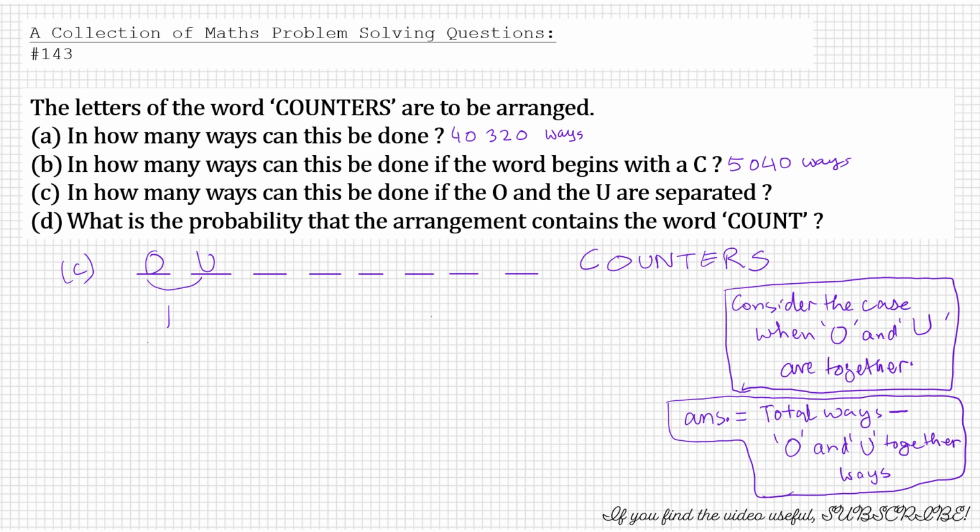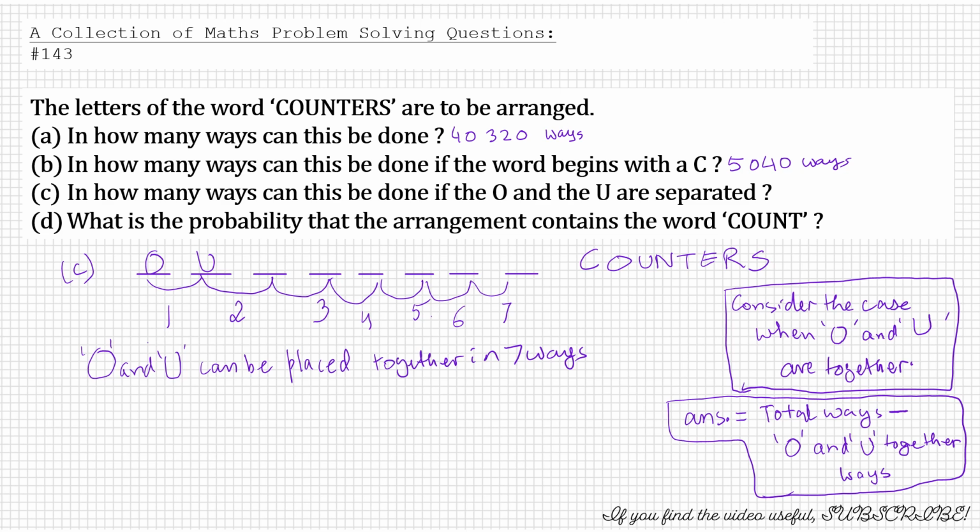So O and U are together, so therefore you can take the first and second place, the second and third place, third and fourth, fourth and fifth, fifth and sixth, sixth and seventh, and seventh and eighth place, in 7 ways. Now O and U can be interchanged. They can take each other's place, so they can change position in 2 ways.